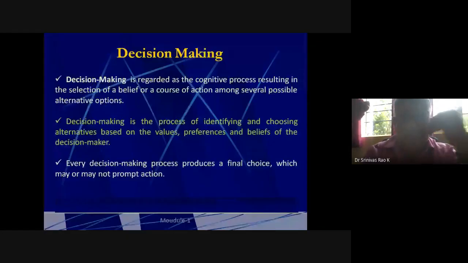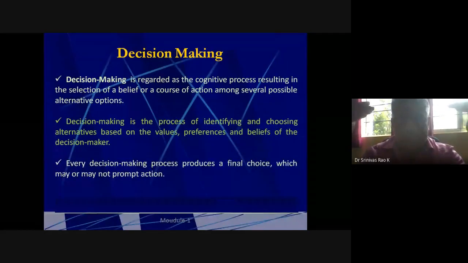But the final choice, whether to go ahead or not, is not with the person. If you have made a decision for doing some process B, you may do it or you may not be doing it. So you have made the plan and you have made the decision. That is how it is.